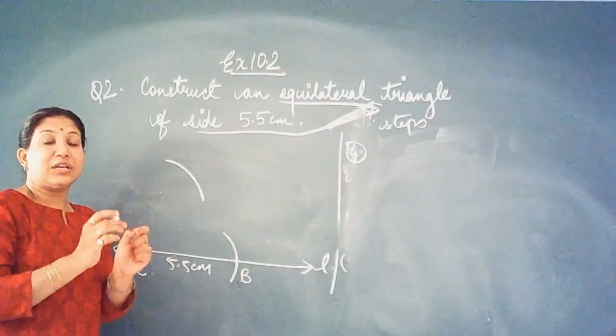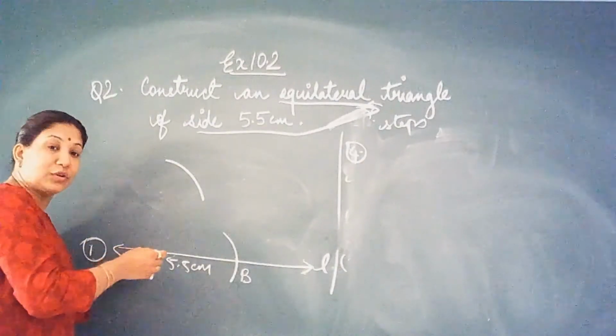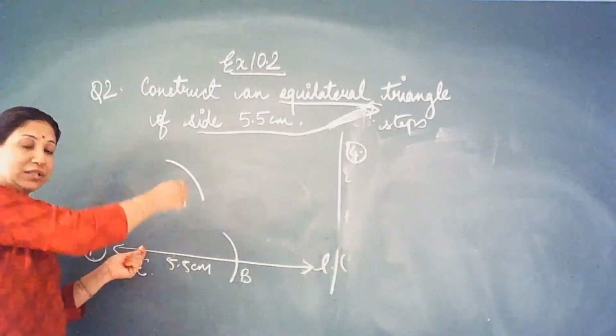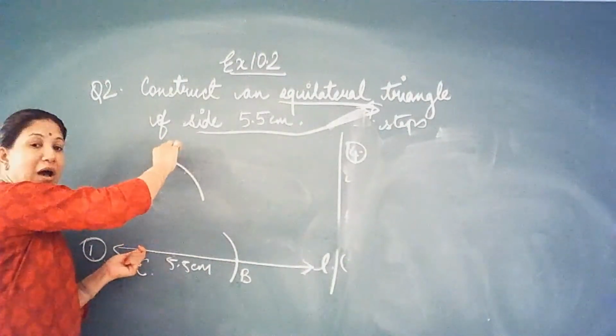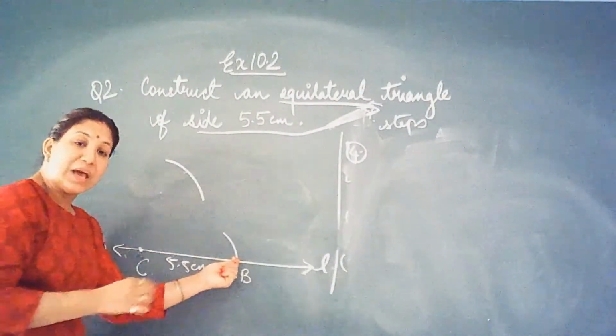Keep it the same, and then taking C as center. That means the needle will be placed at point C. So on this side, you will have the pencil part, the arm with the pencil. Draw an arc. Then again taking B as center.